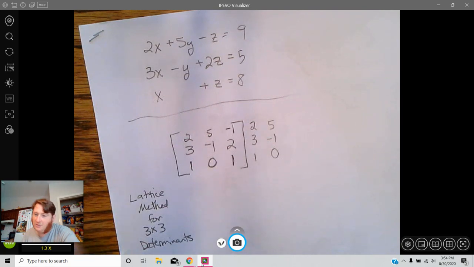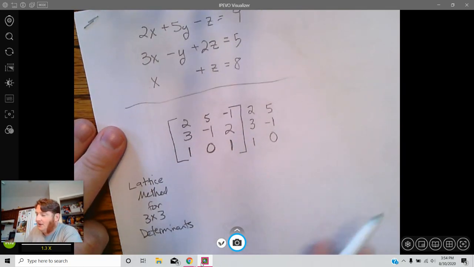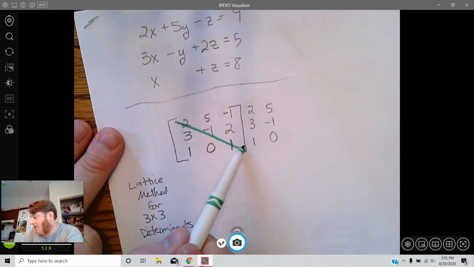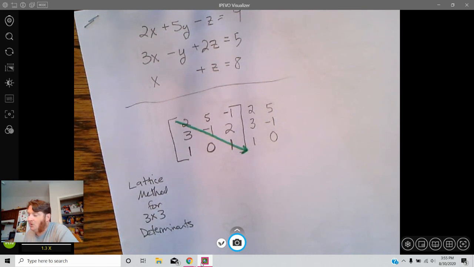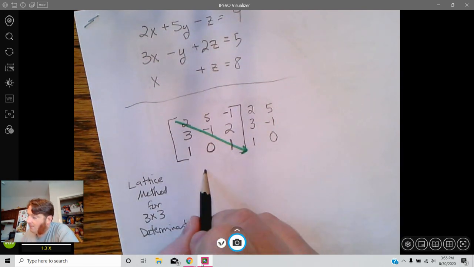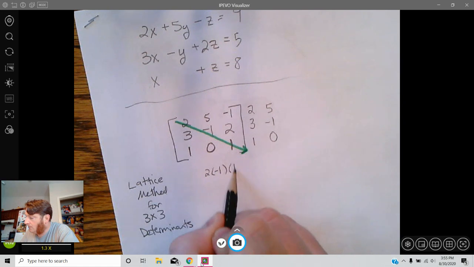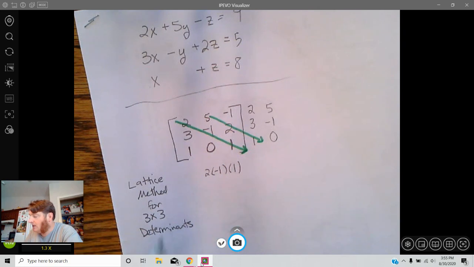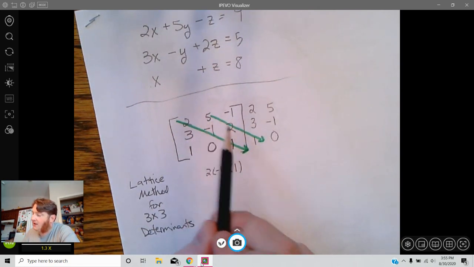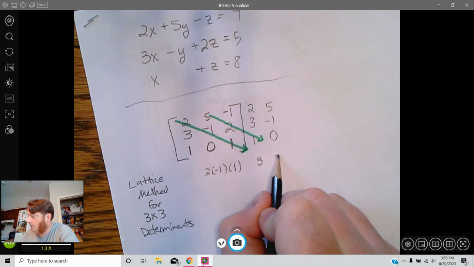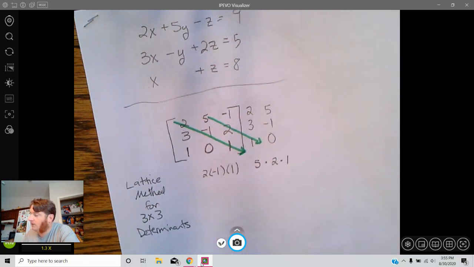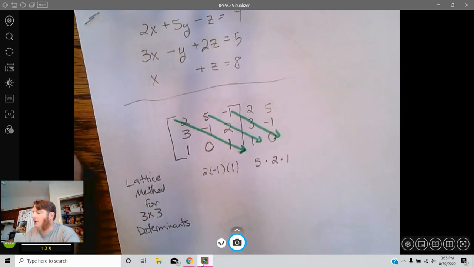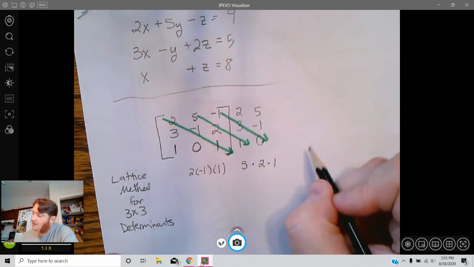And it makes it work similar to the 2x2 determinant. So you start in this corner at the 2, and you go diagonally across. And you're going to multiply all those numbers together. And you're going to multiply all these numbers together, 5, 2, and 1. And you're going to multiply all three of those numbers together, -1, 3, and 0.